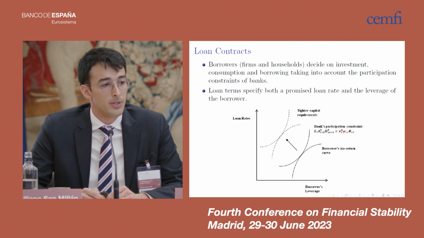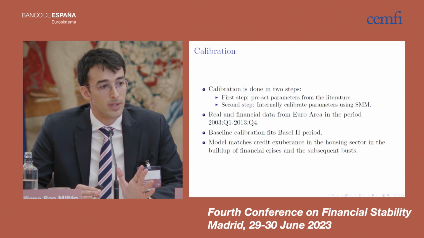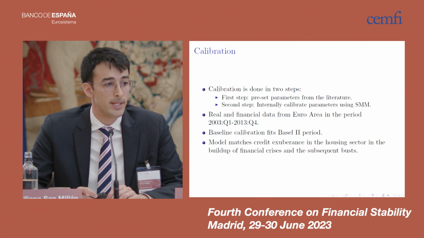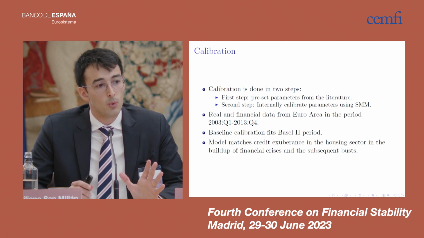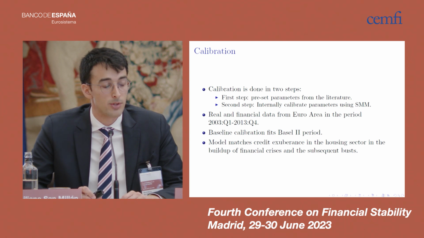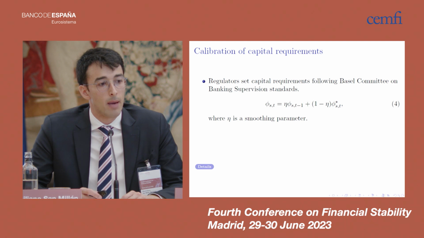So far this is quite standard, but let me say what I do with this framework after I calibrate it to the euro area financial and real data for the period in which Basel II was in place. What I'm going to do now is to show you what happens when we introduce different types of buffers. Okay, so I calibrate the capital requirements.